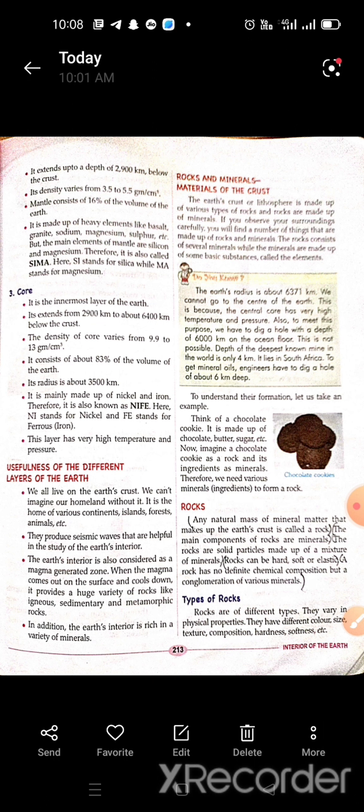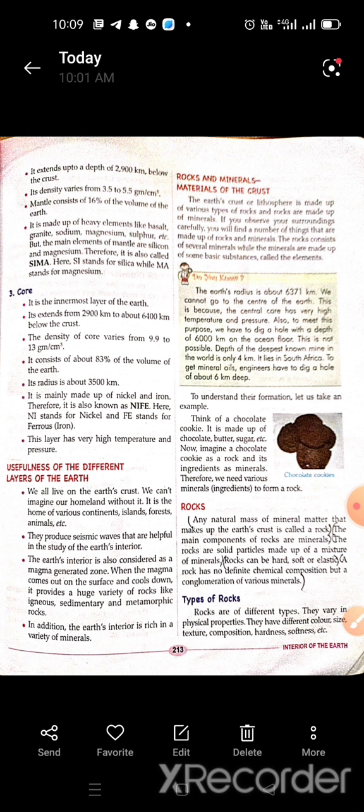Now we are going to read about the usefulness of these different layers, how these different layers are important to us. So we all live on the earth crust. We can't imagine our homeland without it. It is the home of various continents, islands, forests, animals, etc. So we live on crust.